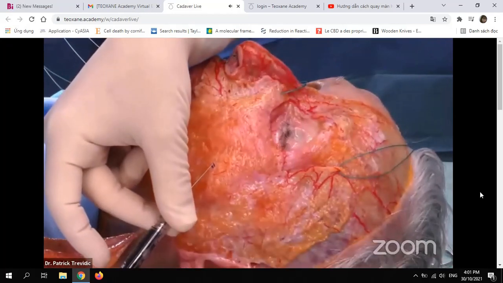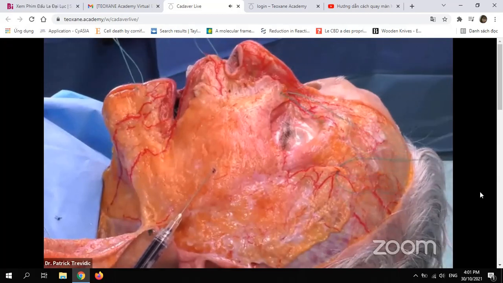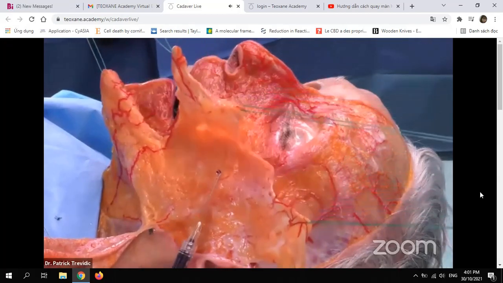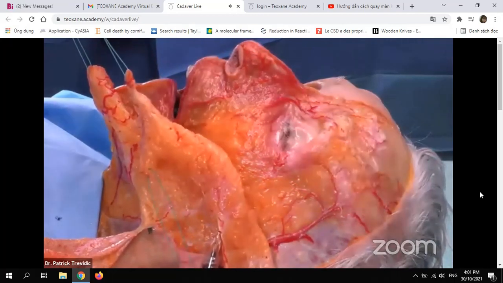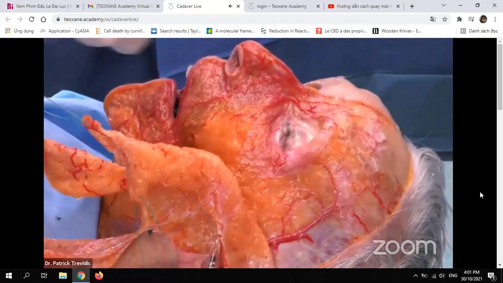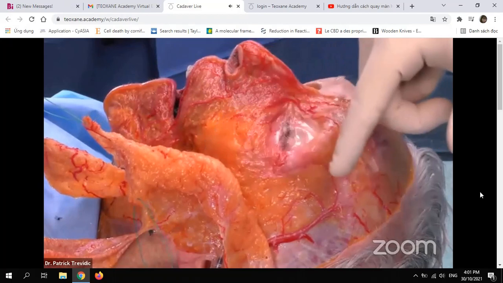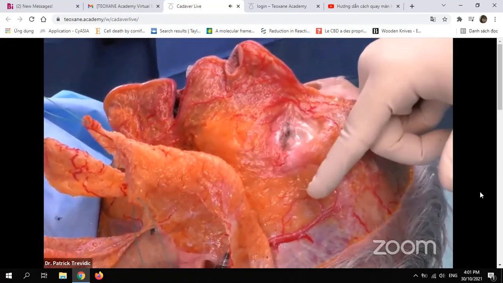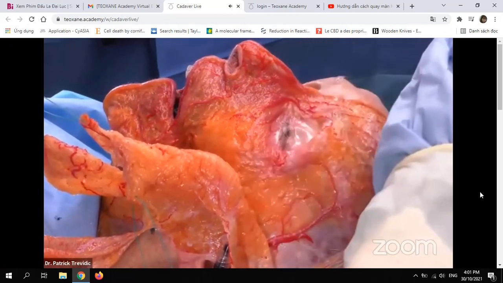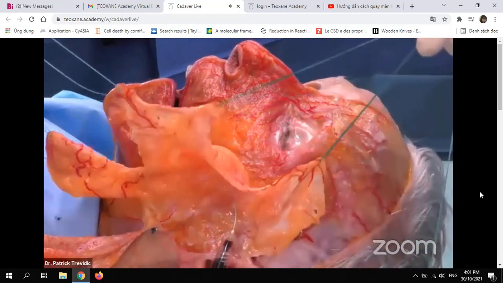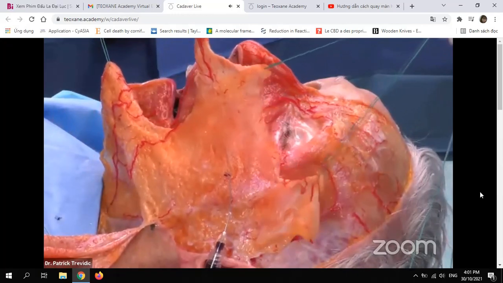So if we move the fat and we pull the fat downwards on the cadaver, you see that my cannula is in the superficial fat here. This is the tip of my cannula here. And if I push a bolus, my injection will be in the first layer of the face, that is the superficial fat layers.